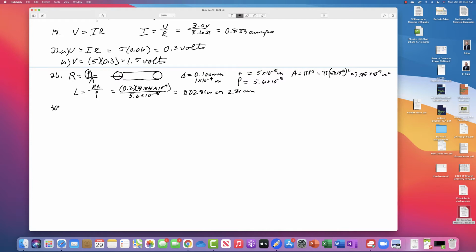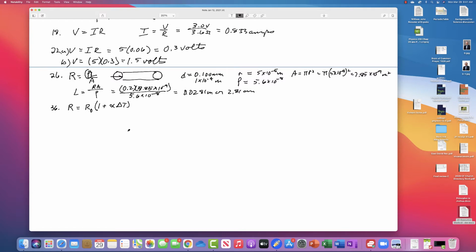Problem 36. Now 36 talks about the effect of temperature on resistivity. The key is that the new resistance is equal to the resistance at 20 degrees, which is R0, times a factor of 1 plus alpha, where alpha is a constant for each particular material describing its change in resistance, times the change in temperature, with 20 degrees being the baseline.